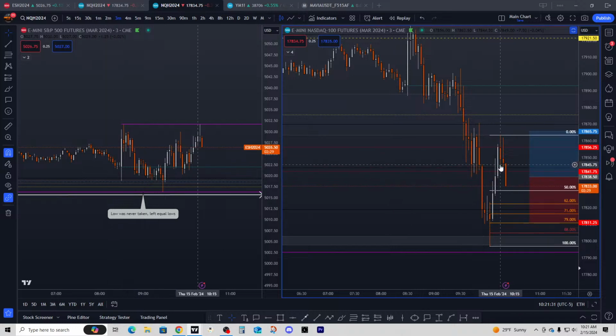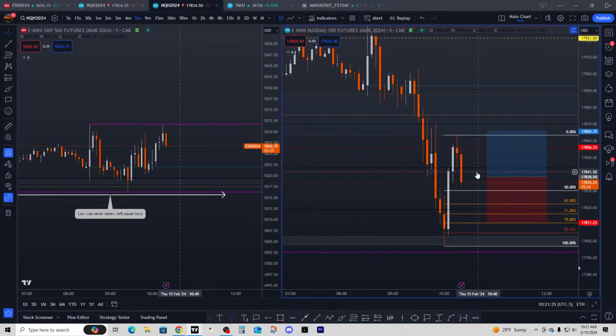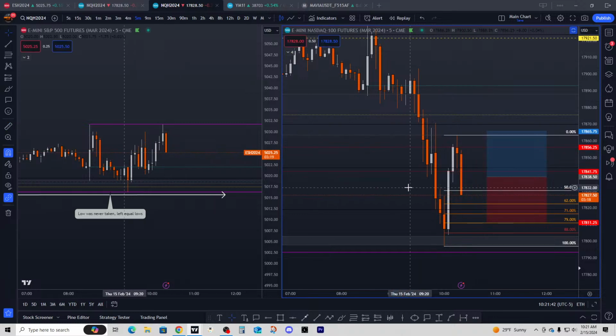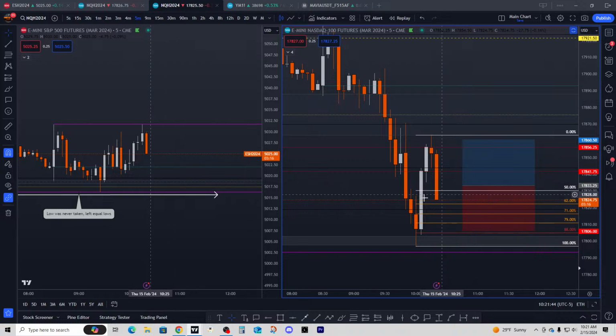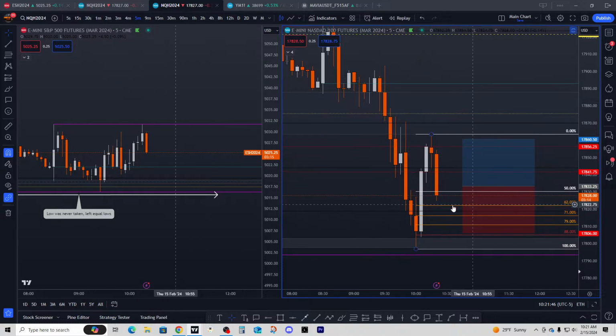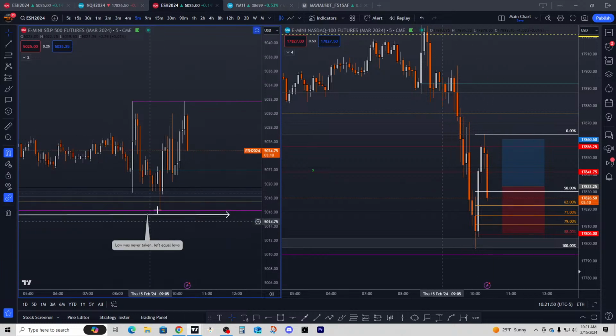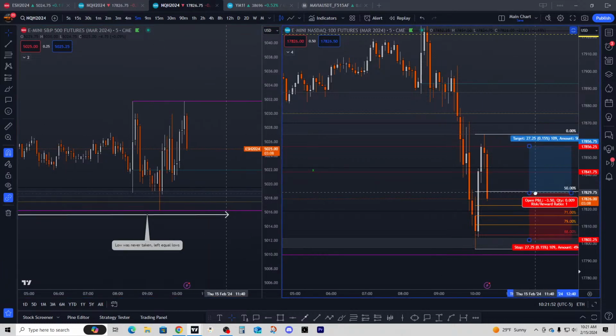Exactly why I don't like longing on 5 minutes. I mean, the 5-minute closure was possible to long on. You would have won your 20 points, but still, it's not the best. If we inverse that 5-minute, that's not really a valid trade. We also got this trendline liquidity here.